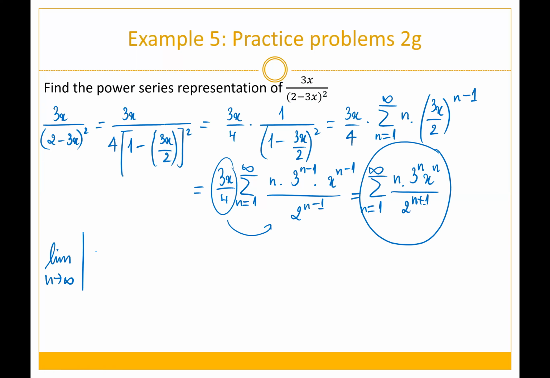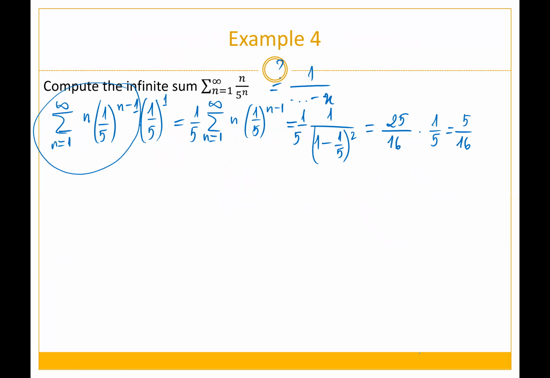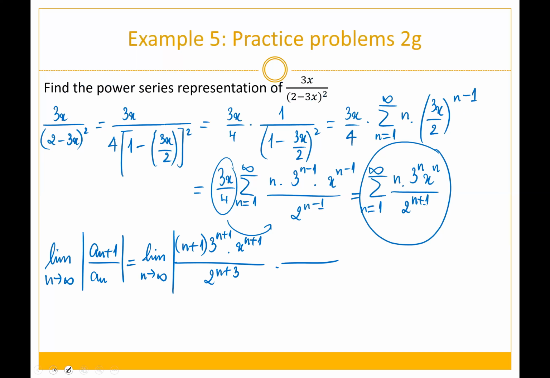So I'm going to find this. The radius of convergence is going to be the limit as n approaches infinity of n plus 1 times 3 to the n plus 1, x to the n plus 1, divided by 2 to the n plus 2, over n times 3 to the n, x to the n, over 2 to the n plus 1.